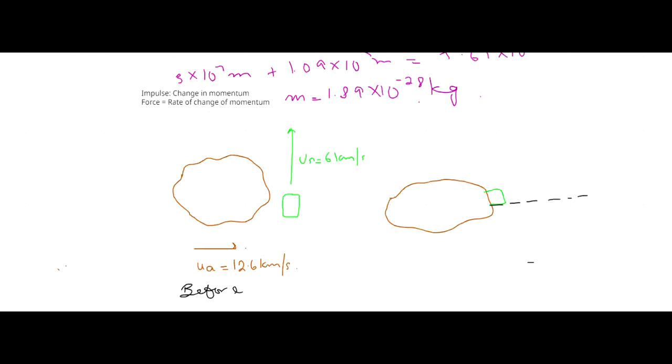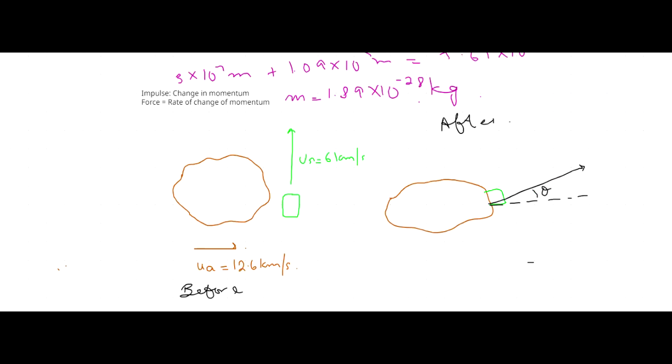Now, for the scientists to figure out exactly how much deviation they are going to see, is it going to deviate enough that it would be out of impact line with the planet? They needed to determine the angle. And this is where momentum in two directions comes in. This is all related to vectors. So as long as you have a good grip on vectors, this is not going to cause you a lot of problems.